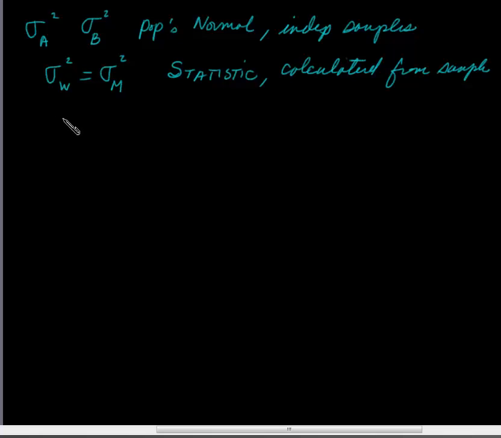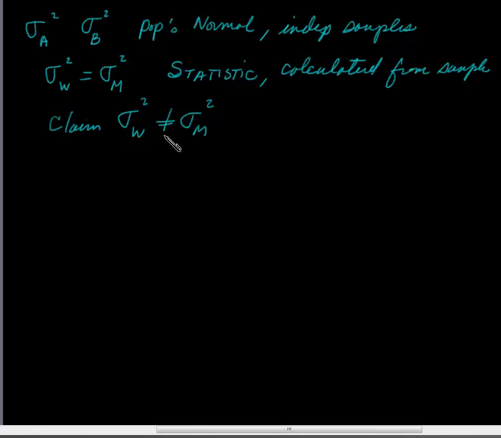Now, with a little thought, you might come up with this, but let's suppose we're talking about systolic blood pressure for women versus men, and there's a claim that sigma squared W is not equal to sigma squared M. That's a claim that some researcher is making.